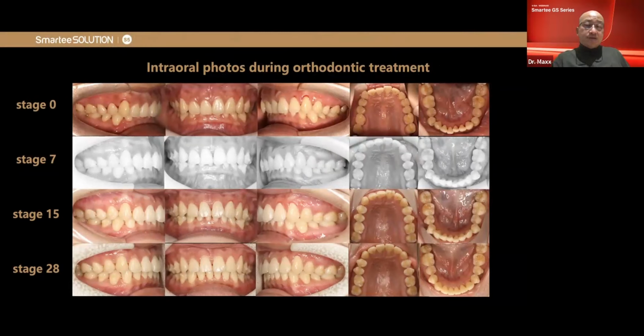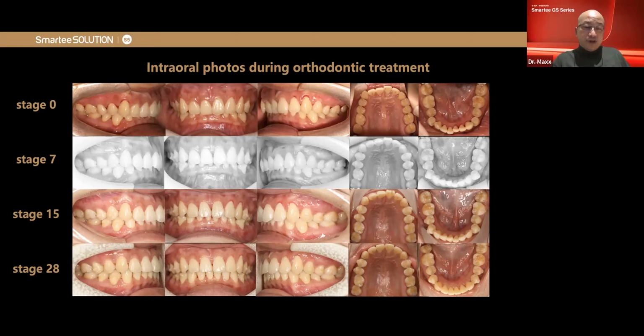Stage 0, at the very first beginning, we could see the very deep overbite, the retroclined upper front teeth, and the crowding. At stage 7, a little better.